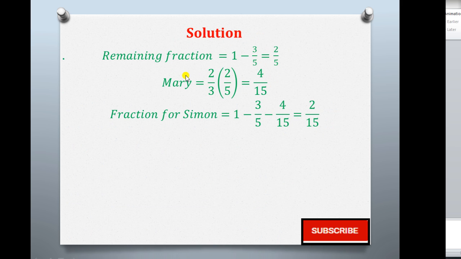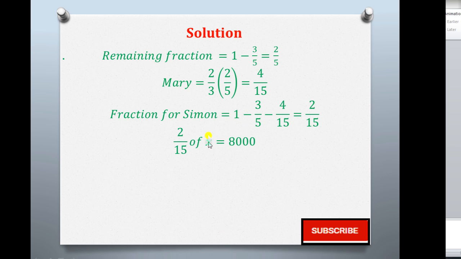Now that we know the fraction that Mary contributed and the fraction that Paul contributed, we can now get the fraction for Simon by simply saying 1 minus 3 out of 5, that is for Paul, and minus 4 out of 15, that is for Mary. If you simplify this with your calculator or using the LCM, you get 2 out of 15. Remember, they told you that Simon contributed 8,000 shillings.